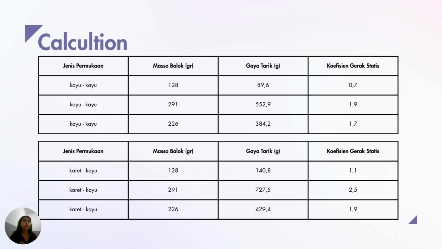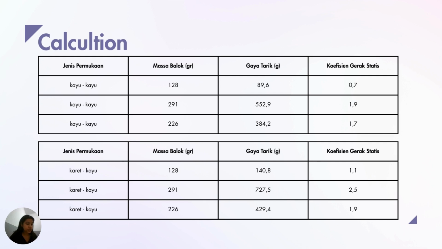Now we move to the calculation. You can see in the calculation the coefficient in this experiment uses the formula mu s equals F max over W, which compares the maximum pulling force required to start moving the wooden block with its weight. Since both the pulling force and the block mass were recorded in grams, the values can be directly divided without any unit conversion.